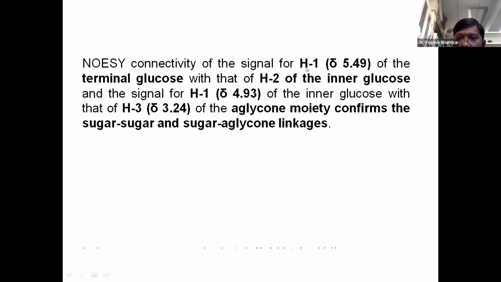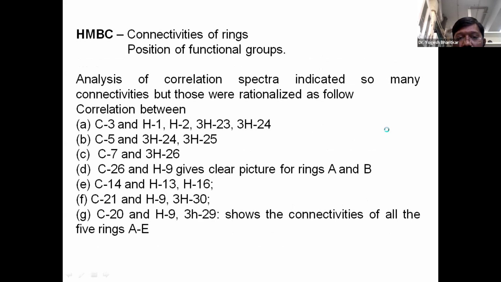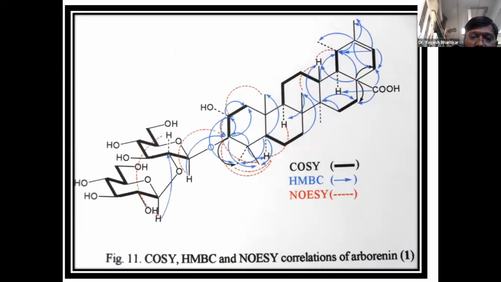NOESY connectivity of the H1 signal at 5.49 of the terminal glucose with H2 of the inner glucose, and the H1 signal at 4.93 of the inner glucose with H3 at 3.24, confirms the sugar-sugar glycan linkage; we can find it with the NOESY signal.